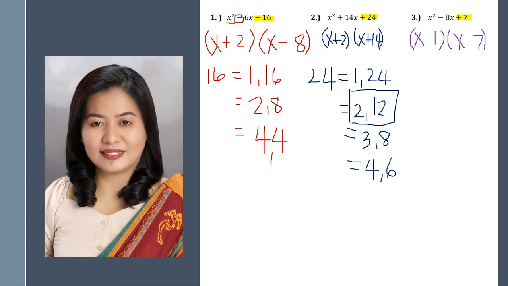Since the last term is positive and the middle term is negative, the product will have the same sign, so we will have a minus sign for both 1 and 7. So x minus 1 times x minus 7 are the factors of x squared minus 8x plus 7.